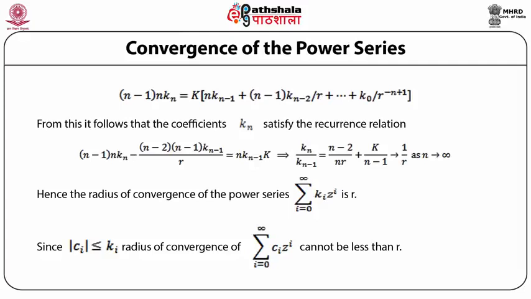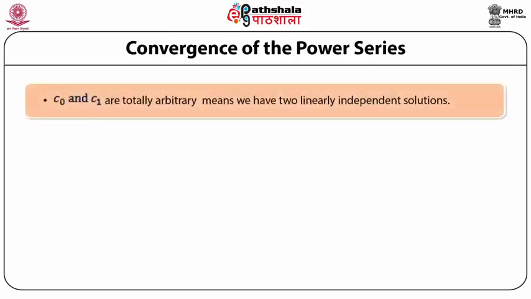The coefficients c_i are linear combinations of c0 and c1. Here, c0 and c1 are totally arbitrary, which means we have two linearly independent solutions.